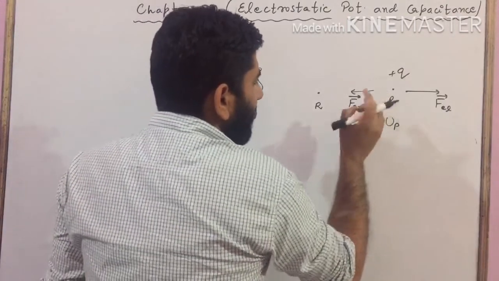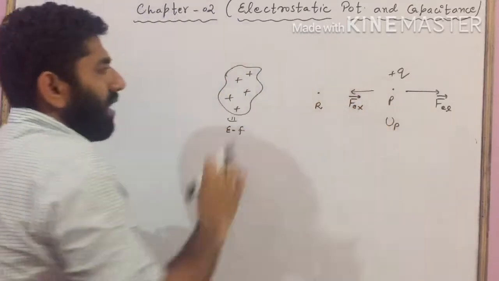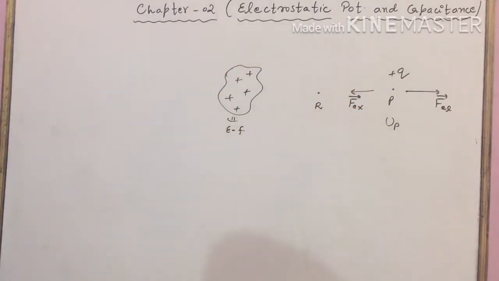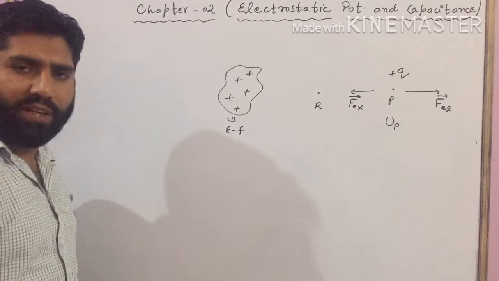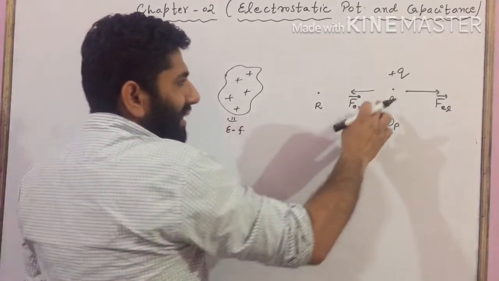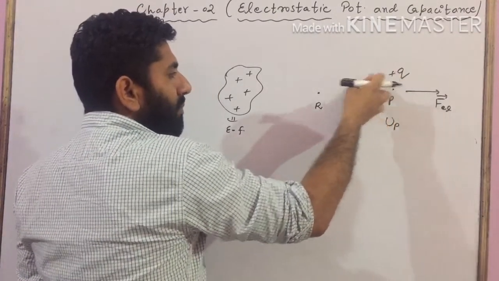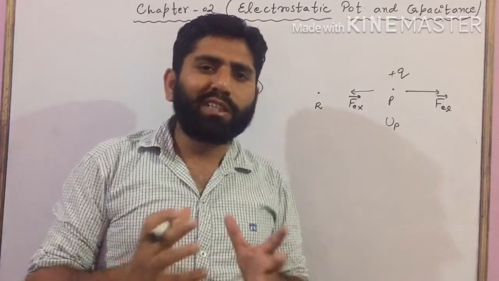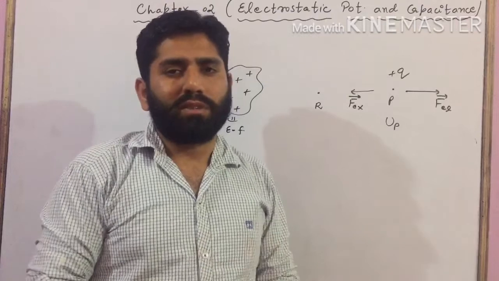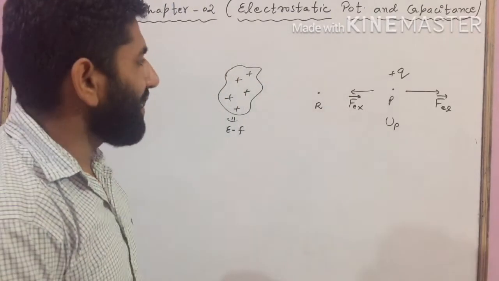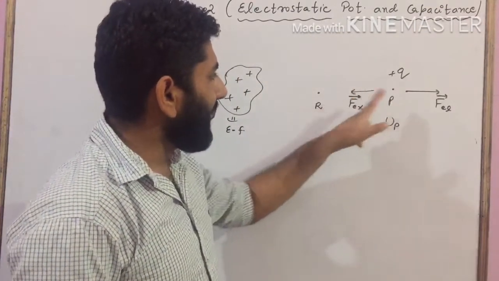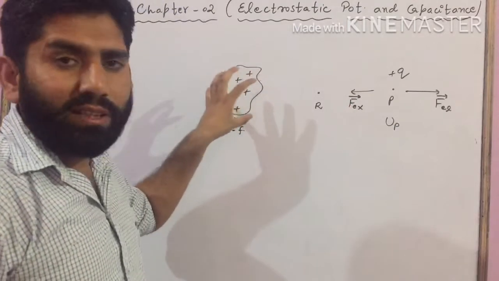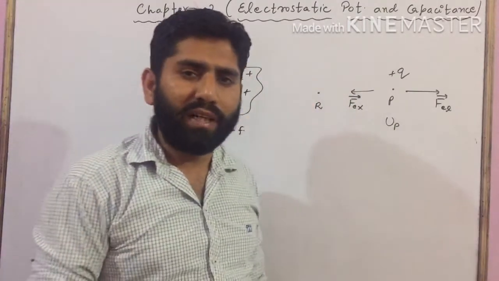Now when I will move this charge from point P to point R, I have to do some work. When this charge is moved from point P to point R, what do you think? क्या potential energy में कोई change आएगा? Of course, there will be some change in the potential energy, because in this case the distance from the original charge configuration is getting changed.